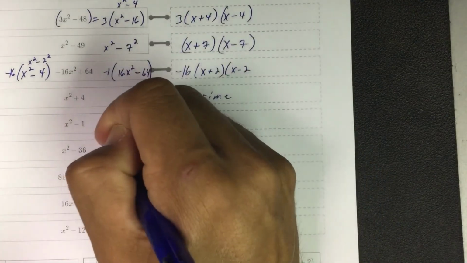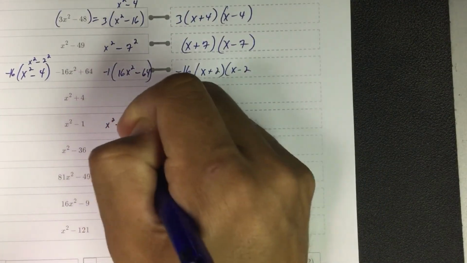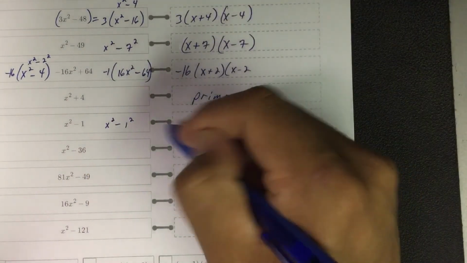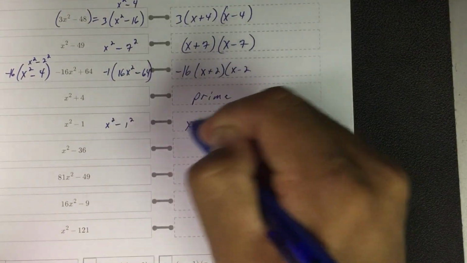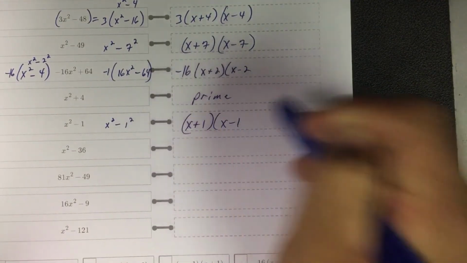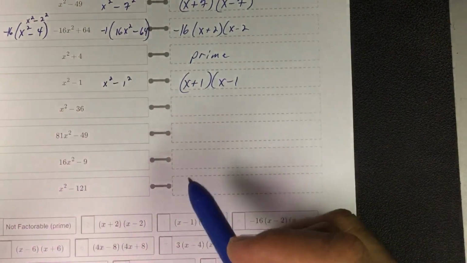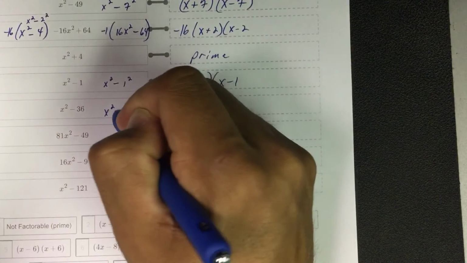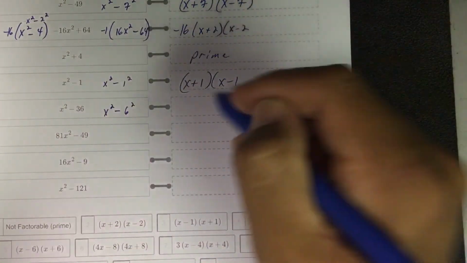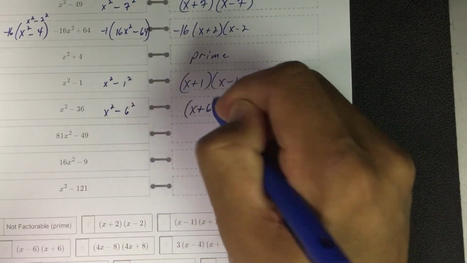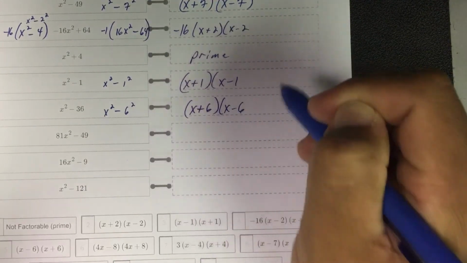So this is x squared minus 1 squared, and you do it the same. X plus 1, x minus 1. This is x squared minus 6 squared. X plus 6, x minus 6.